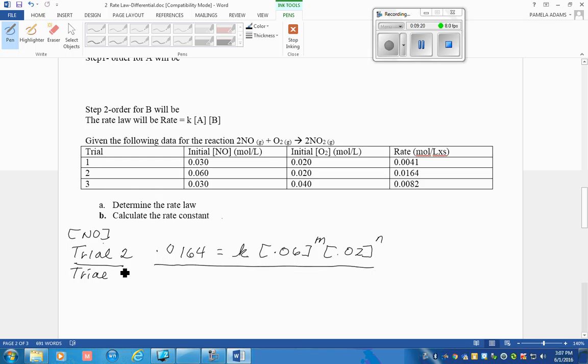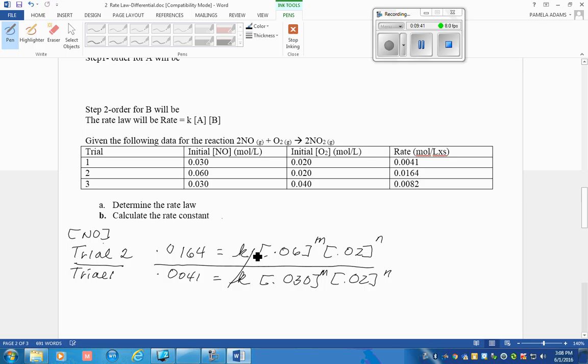In trial number 1, the rate is 0.0041, and that's equal to the rate law constant. This time, the value of NO was 0.03 raised to some power, while the O2 remained the same.